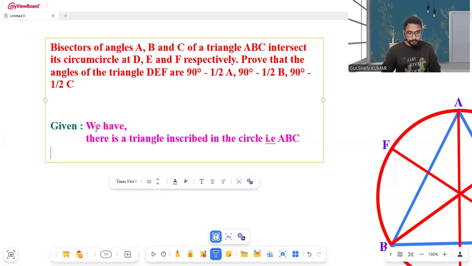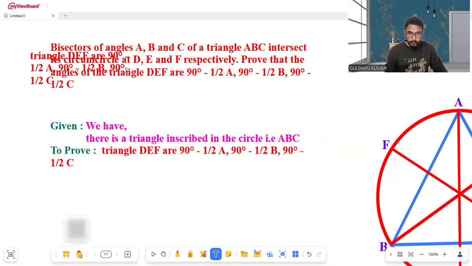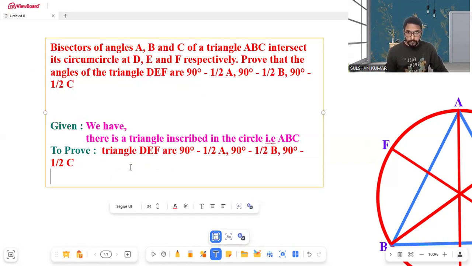And to prove: what we have to prove here is that triangle DEF has these angles.